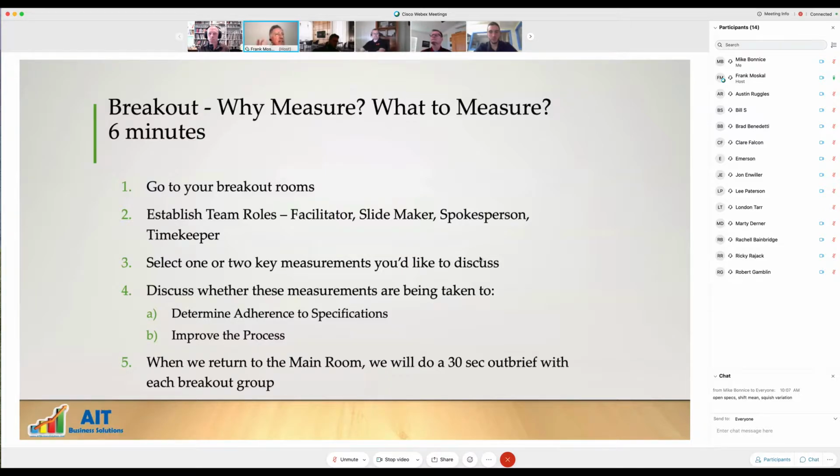And maybe some discussions about that. Is there a resolution that's more important, or how are you approaching those challenges? And we'll come back to the main room and we'll do a quick outbrief. I'm thinking 30 seconds to a minute for each breakout group, and kind of talk about what are some of the key takeaways that you had from your breakout.